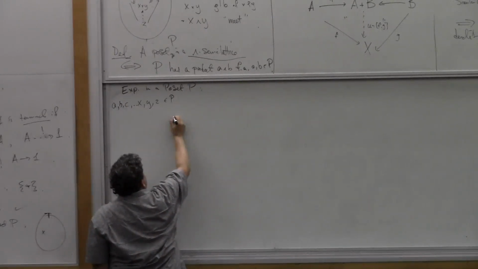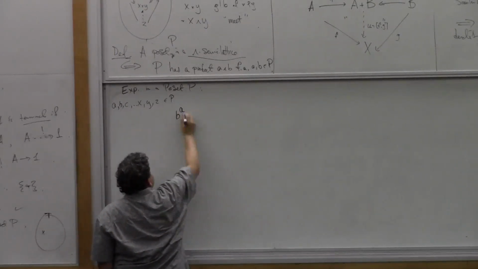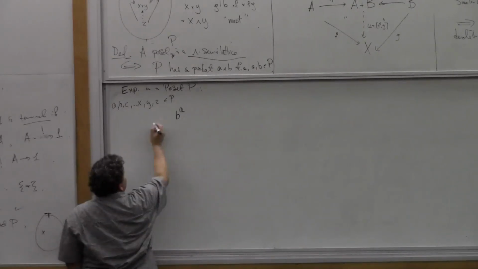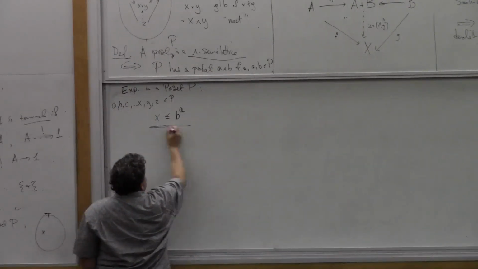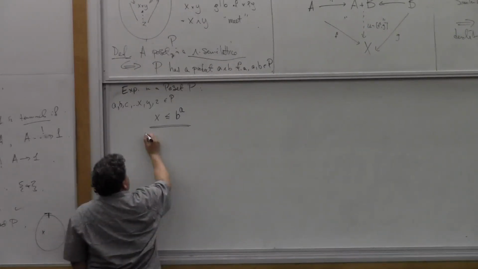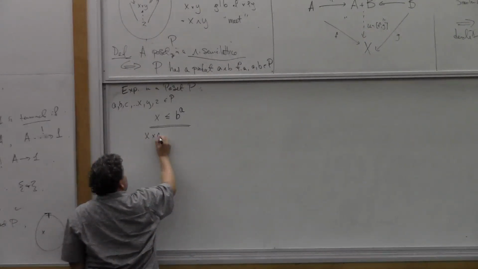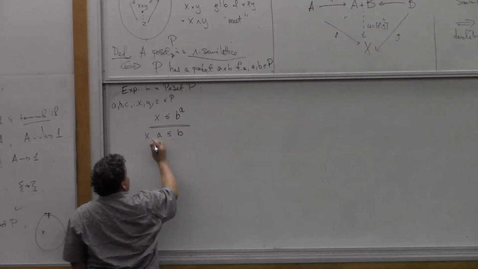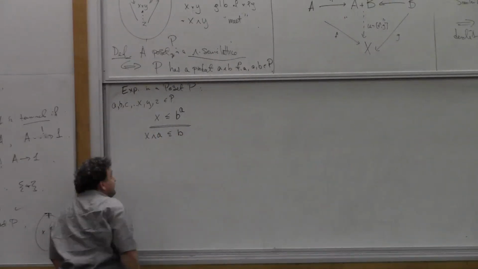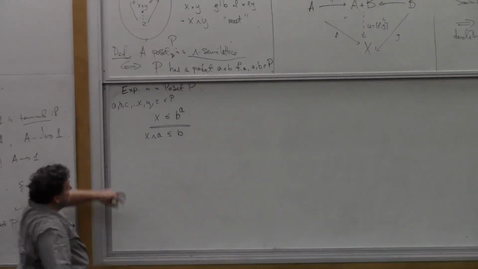It would be an object B to the A, and it would have to have the following property for any x. If x is less than or equal to B to the A, then x cross A is less than or equal to B. But the product we know is a meet. So does that look familiar? Let's see.